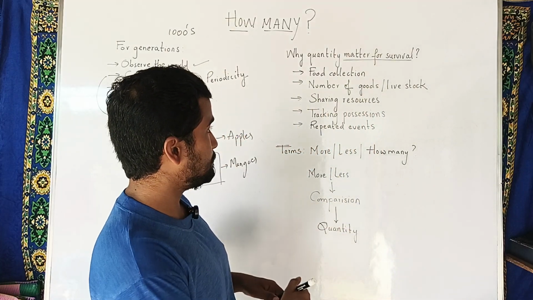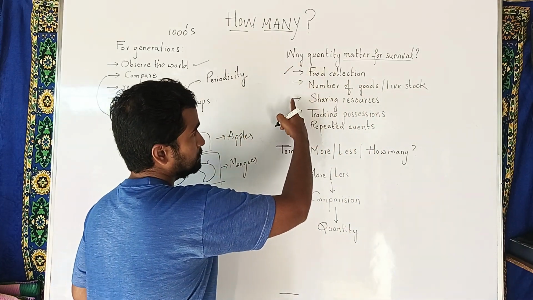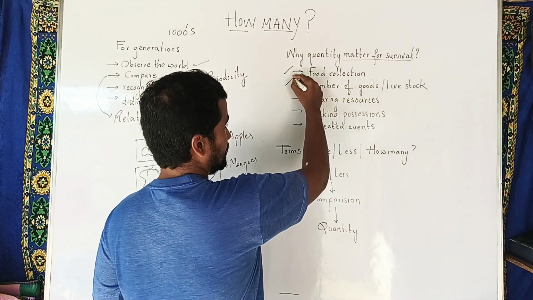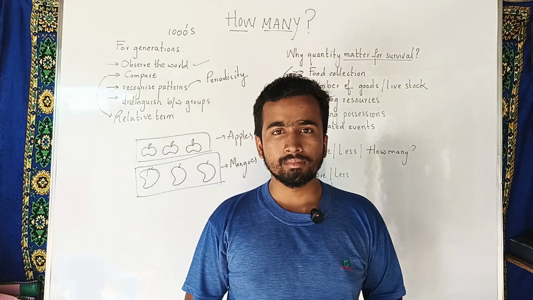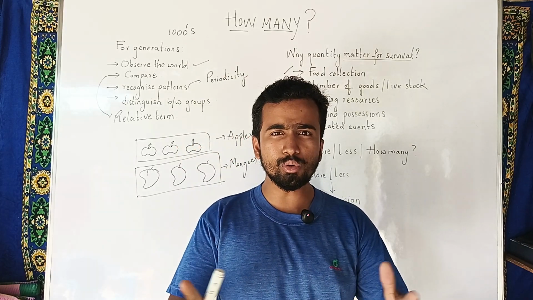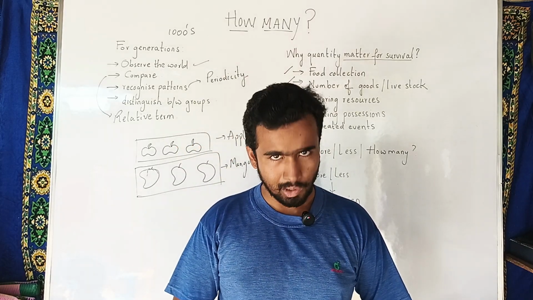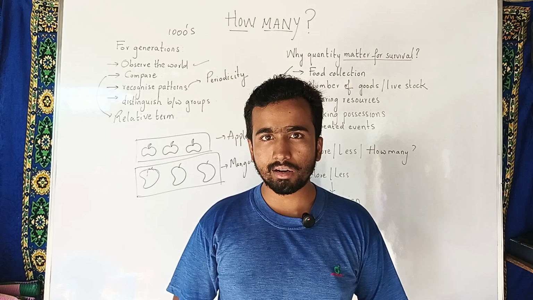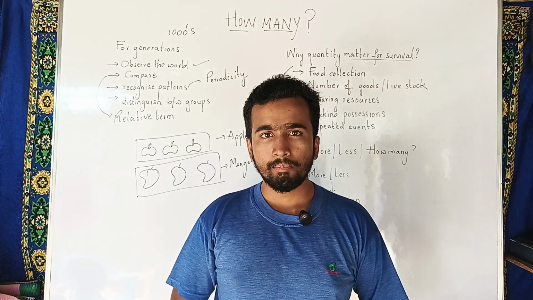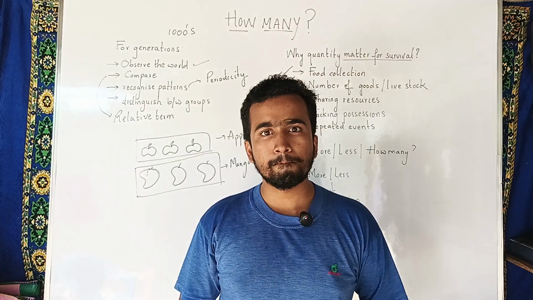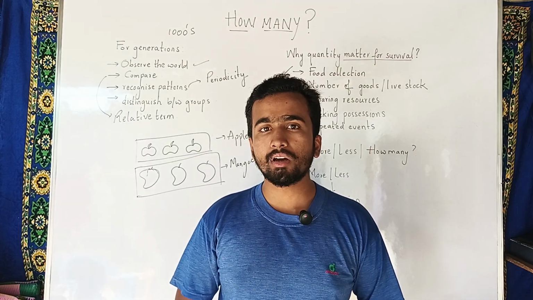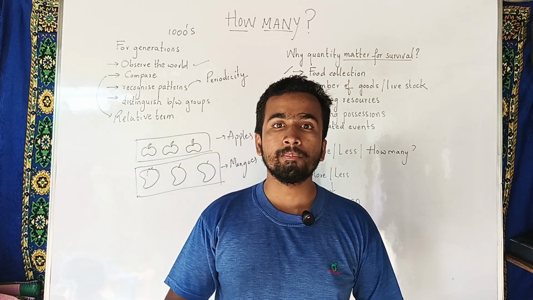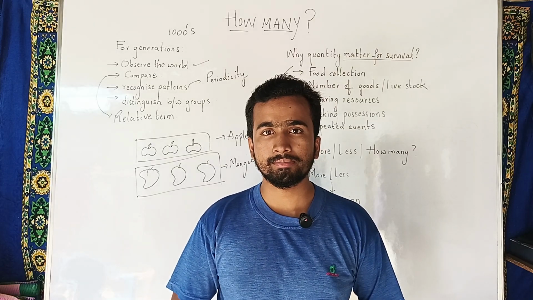And the second aspect is the number of goods or livestock, as I mentioned before. Consider a huge stock of goods or livestock. Maintaining that record is really a critical thing because of lack of measuring system of quantities.